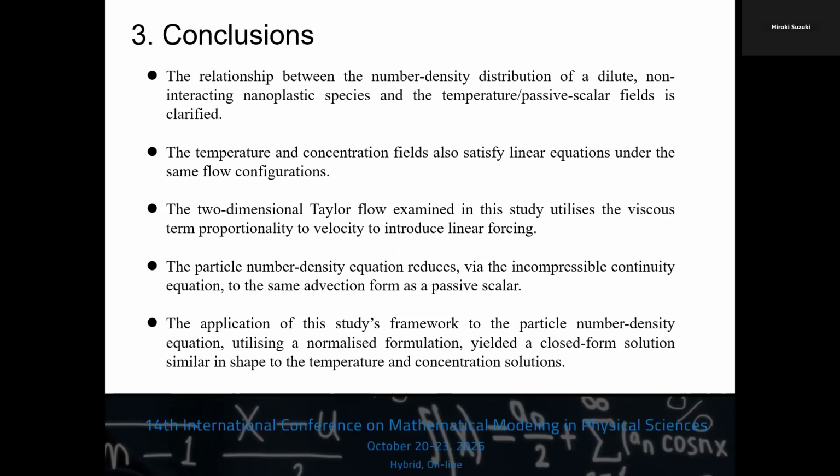The two-dimensional Taylor flow examined in this study utilizes the proportionality of the viscous term to velocity to introduce linear forcing. The particle number density equation reduces via the incompressible continuity equation to the same advection form as the passive scalar. The application of this study's framework to the particle number density equation utilizing the normalized formulation yields a closed-form solution similar in shape to the temperature and concentration fields.